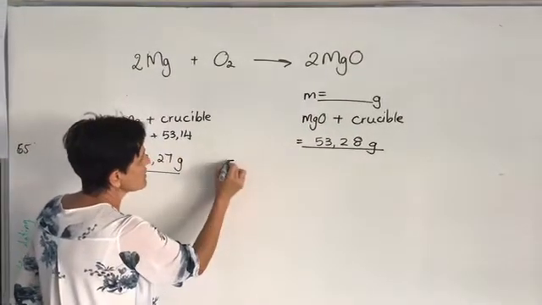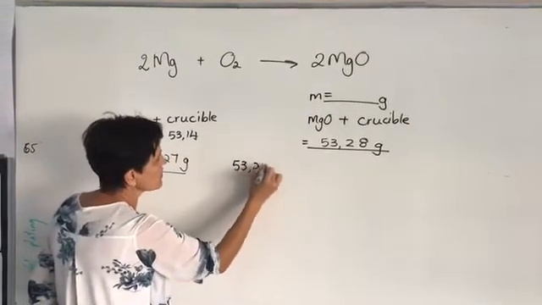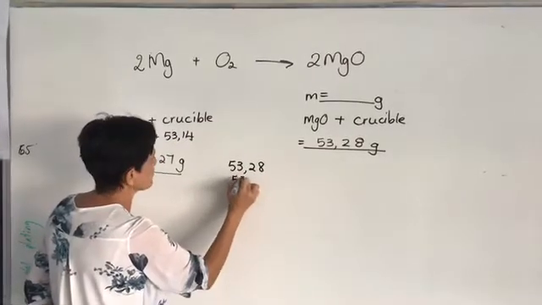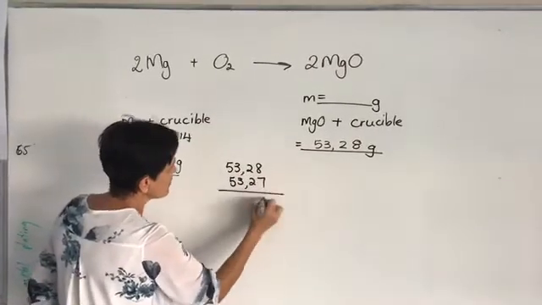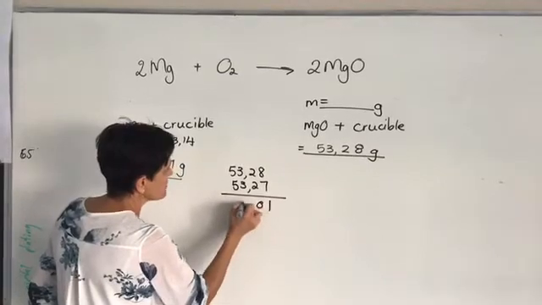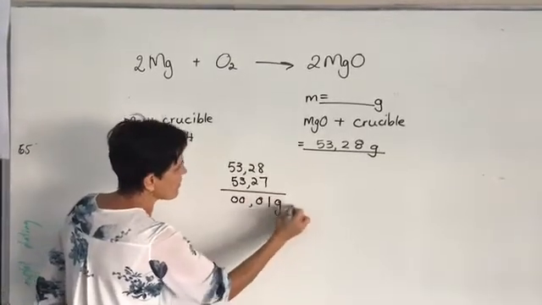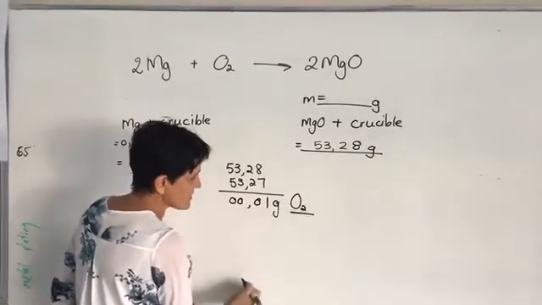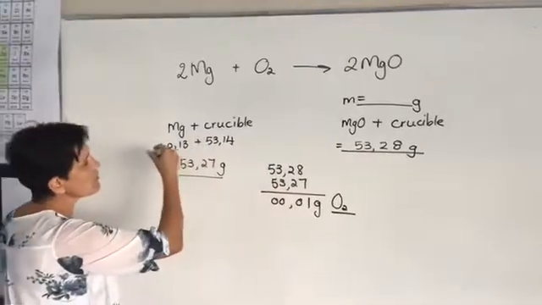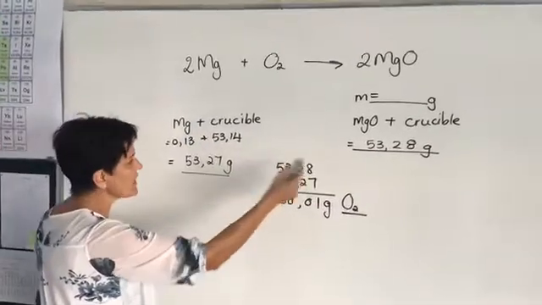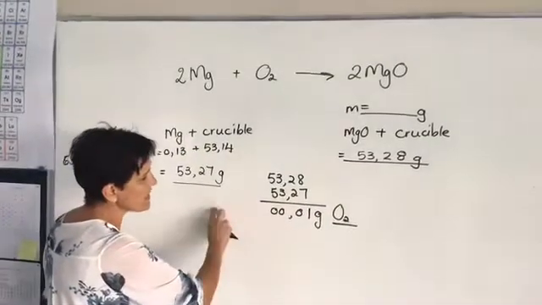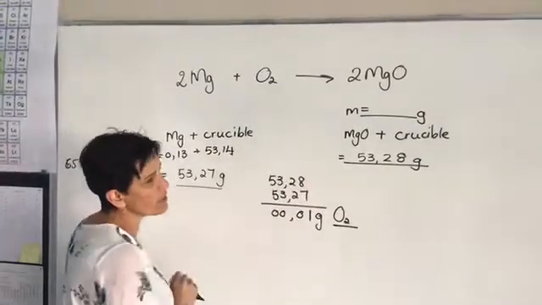So if you look at the difference between the two, 53.28 subtract 53.27, we have actually gained 0.01 gram of oxygen gas. So you can use this to help you with the law of conservation of mass, because the two reactant masses have to add to the product mass.